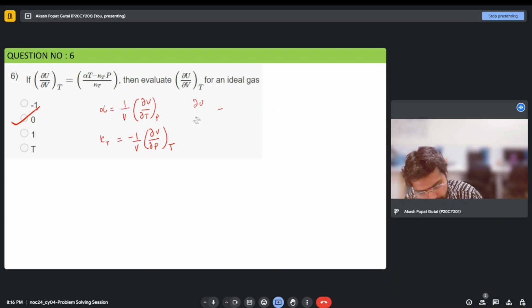Let's first calculate what del V by del T is in the case of an ideal gas. We know PV is equal to nRT. So del V by del T will be nR by P. Similarly, del V by del P would be minus nRT by P square.